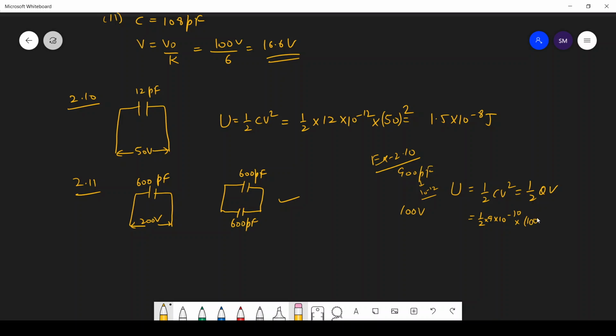So V is 100, so 100 square. So this comes out to be 4.5 into 10 raised to power minus 6 joules.